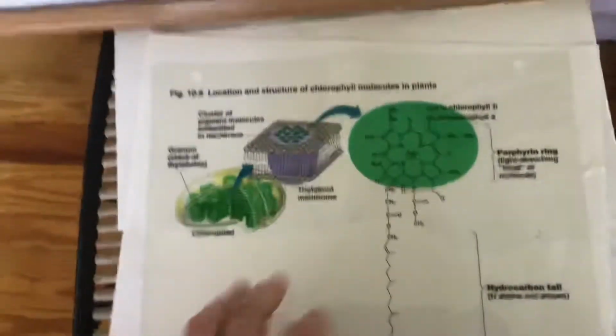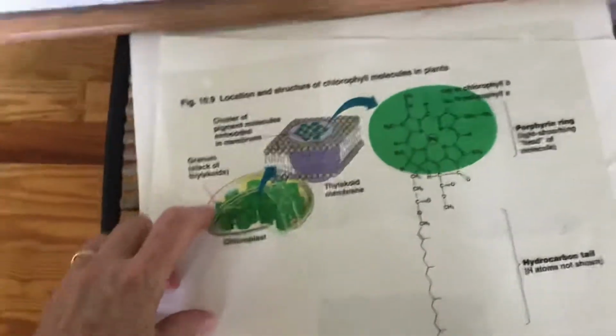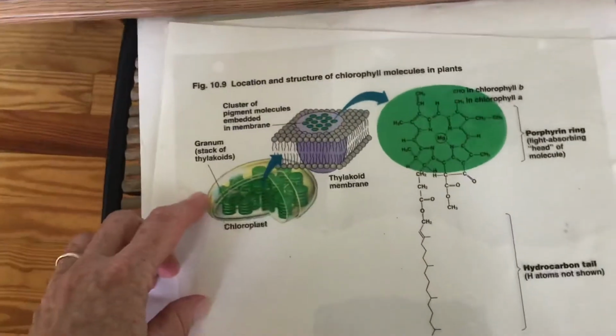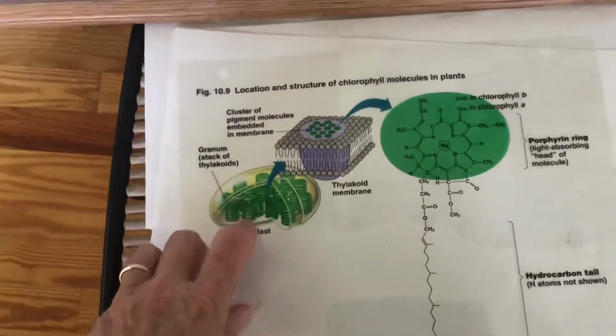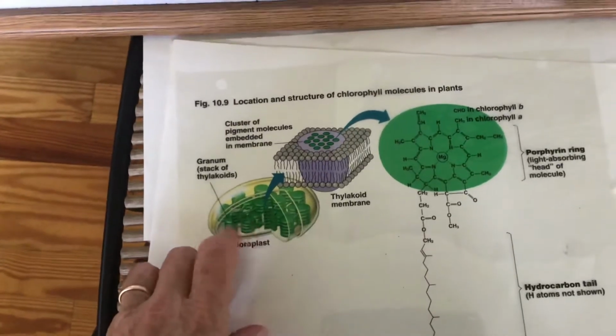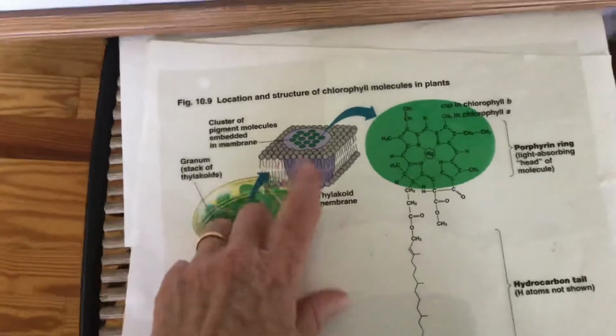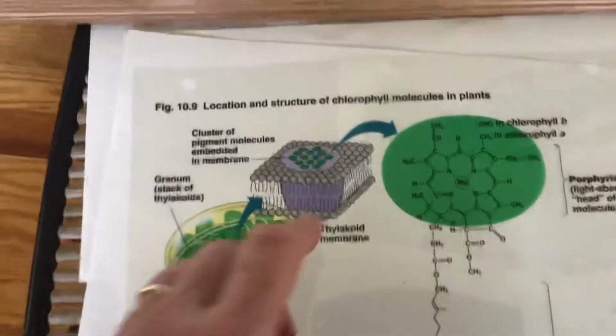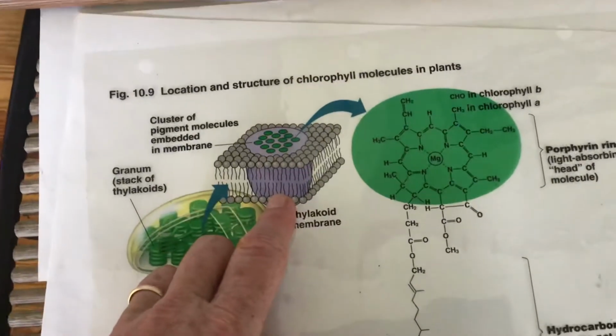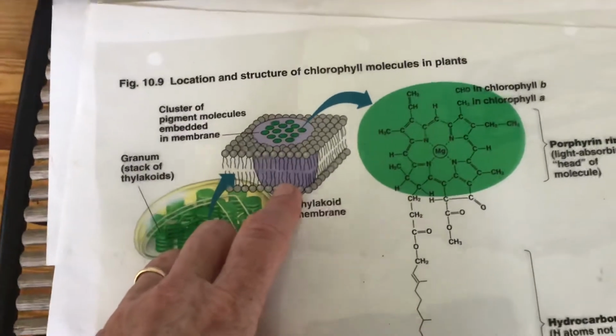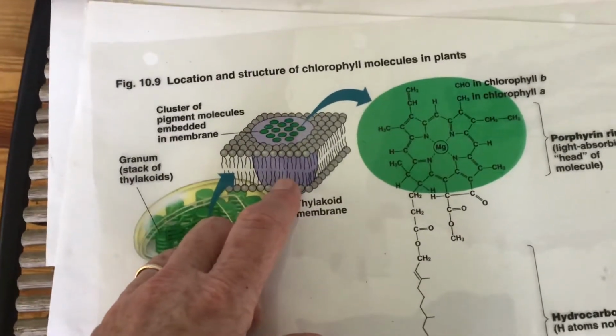Okay, so let's talk about the photosystems a bit more. First of all, let's talk about where they are. This is a depiction of the chloroplasts and the grana that are inside the chloroplasts, and they are covered with thylakoid membrane. Thylakoid membranes will have these photosystems embedded in them. That is, the pigments will be embedded within the membrane.